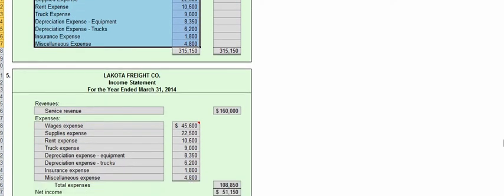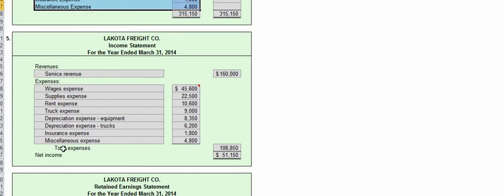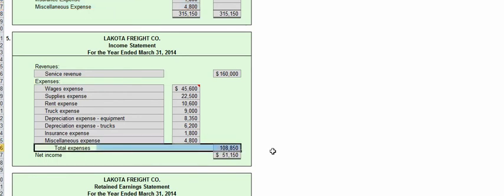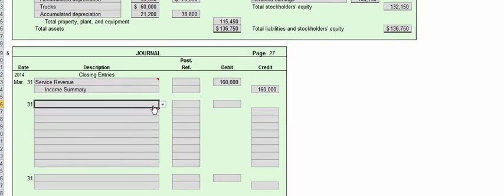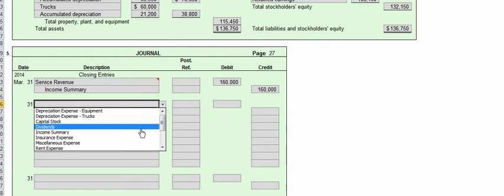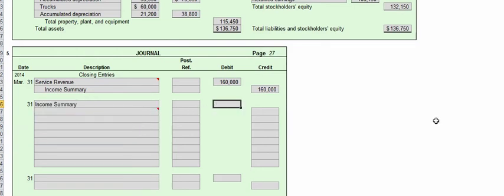So we're going to debit income summary for total expenses. Total expenses are $108,850 from the income statement. That'll be our debit to income summary, $108,850.